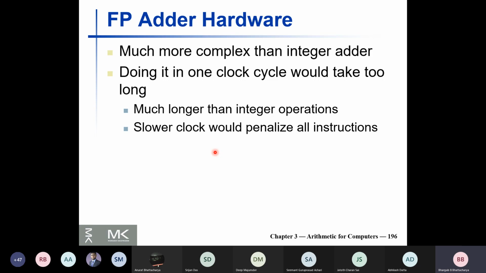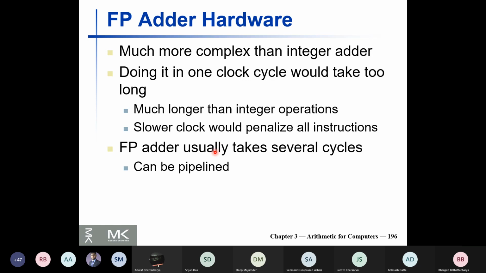A slower clock would penalize all instructions. If you want to implement the floating point operation in one clock cycle, then it will penalize all other instructions. So therefore, typically floating point is implemented in multiple cycles. And most of the time they are pipelined so that we save time.